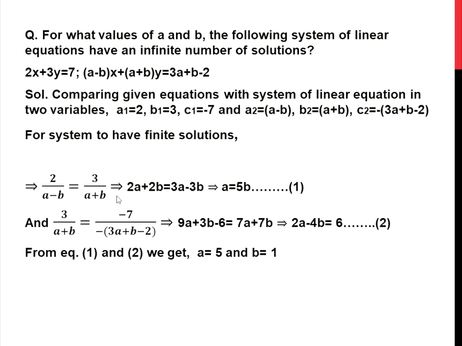On solving this by cross multiplying, we get equation a equal to 5b. Similarly, b1 upon b2 equal to c1 upon c2 gave equation 2a minus 4b equal to 6. This is equation 1, this is equation 2. We solve these equations and get values of a and b. Value of a equal to 5 and b equal to 1. So, for a equal to 5 and b equal to 1, this system of linear equation have an infinite number of solution.